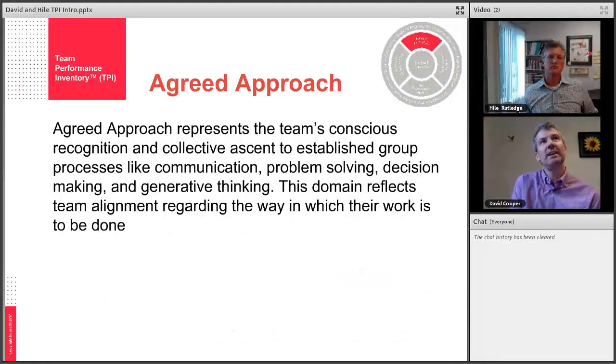Agreed approach is our more tactical domain. This is the domain that addresses the need for rules of engagement, the need for codes of conduct, the needs for spoken, unspoken, written, unwritten rules of engagement that show we understand how we get things done. These are the processes that we put into place.